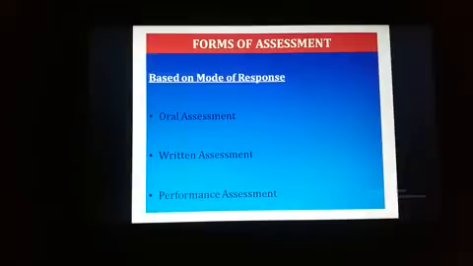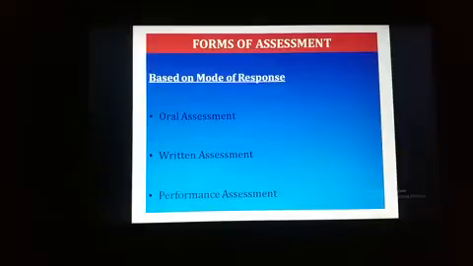Based on response, how the learner responds to the process of assessment, either orally or by written or through performance. Hence, accordingly, there are three categories of assessment. Oral assessment, in which the response is by oral only, oral response.